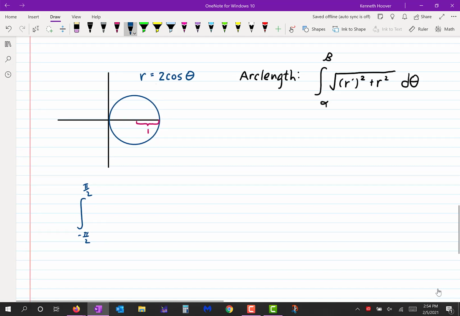We integrate the square root of r prime squared. What's r prime? R prime is negative 2 sine theta. So we're going to square that, and then plus, still under the square root, 2 cosine theta squared. This is going to be such an easy integral.